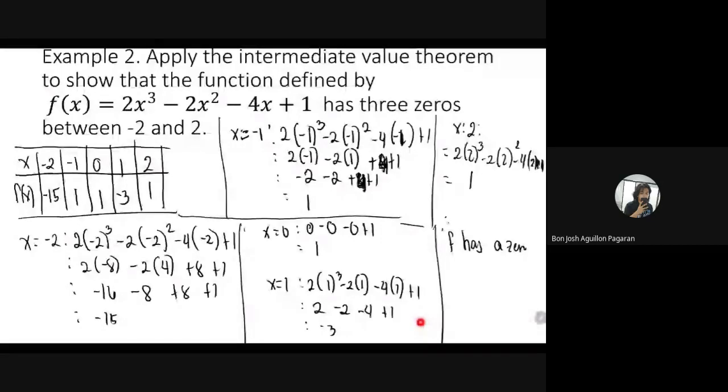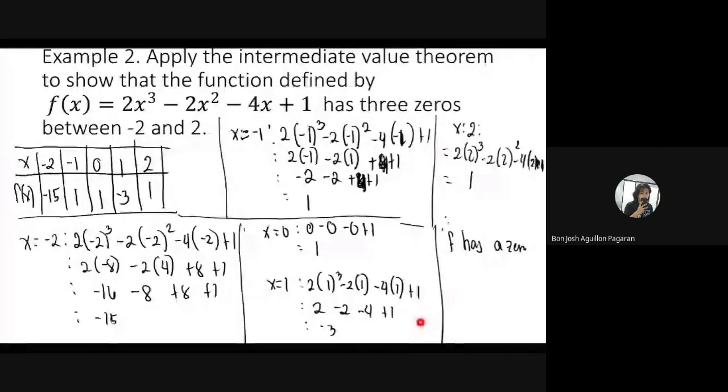Remember the zero, it's not literally the number zero. That's the value of x that will make the whole function equal to 0. Okay? Ibig sabihin roots ang ating kinukuha dyan. So ang gustong sabihin ng problem number 2, meron tatlong roots na nasa pagitan ng negative 2 and 2.